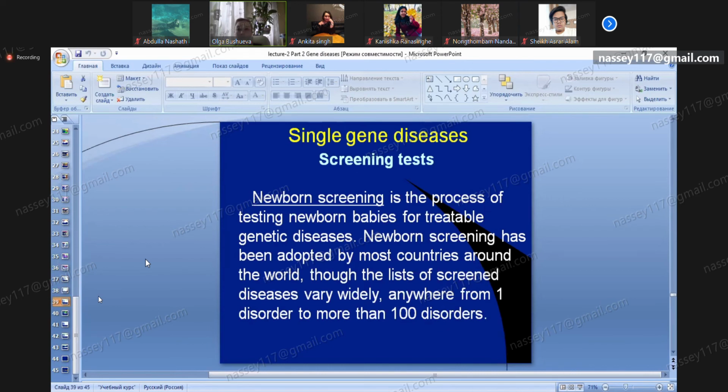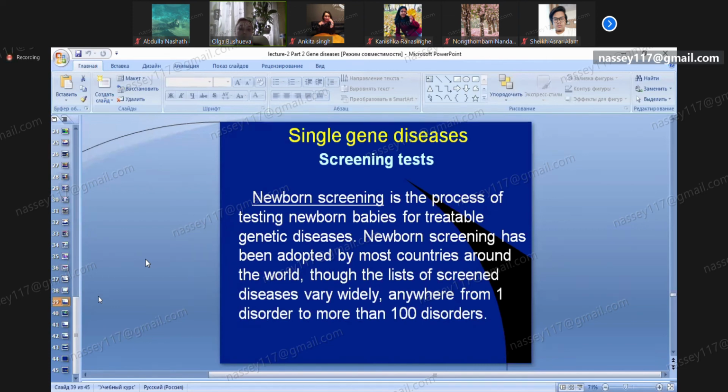Newborn screening can help us to detect singleton disorders. First of all, diseases of abnormal metabolism. In newborns, we use newborn screening for some singleton disorders. As a rule, it's the most frequent and most severe diseases.